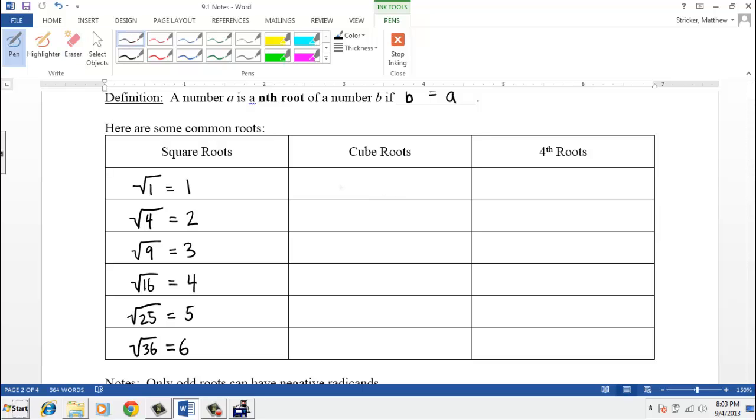cube roots. We have the cube root of 1 is equal to 1. Cube root of 8 is equal to 2. Cube root of 27 is equal to 3.